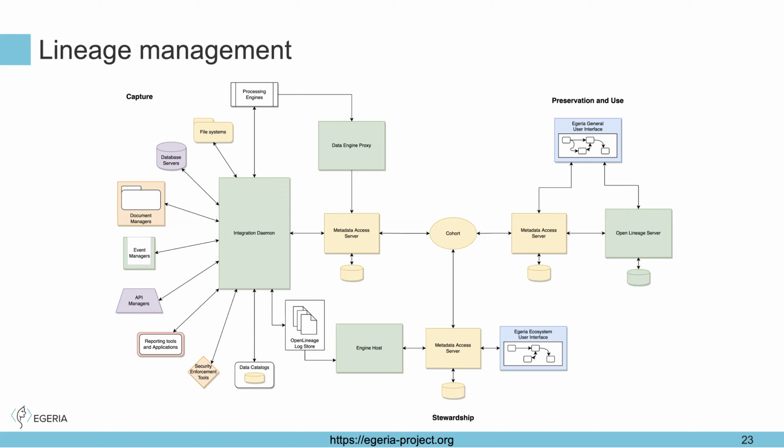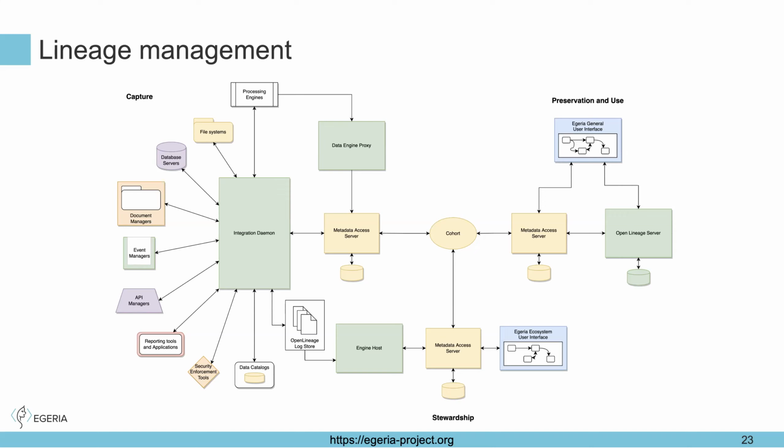But we also take advantage of a new standard called the OpenLineage standard, which is a sister project to Egeria in the LF AI and Data Foundation. This defines a standard payload and API for publishing lineage from processing engines. If you think about a Spark engine running a job, it produces a set of events that tells us when it started, what data it accessed, what results it produced, and when it finished.